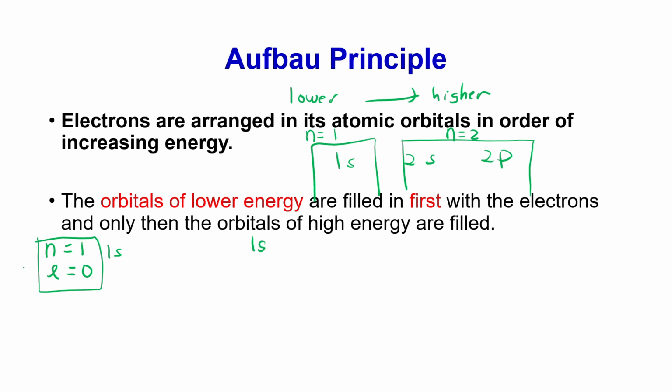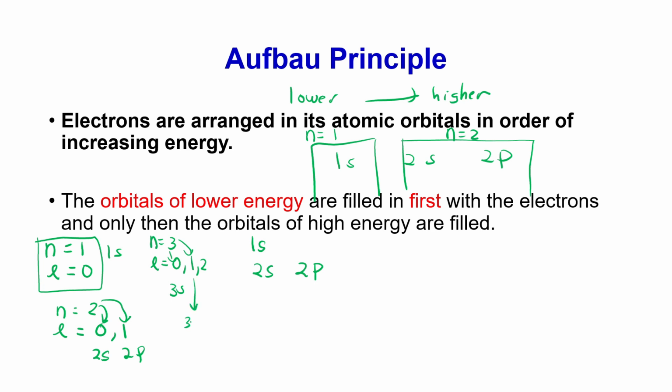When n equals 2, we have 2 values of L, 0 and 1. So 20 represents 2s, 21 represents 2p, meaning we have 2s and also 2p. For n equals 3, L is 0, 1 and 2: this one is 3s, this one 3p, and this one is 3d.